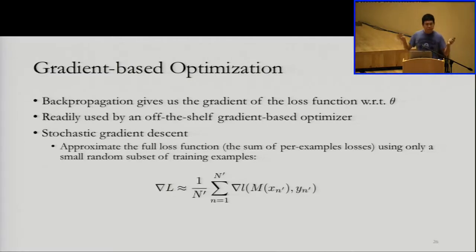Once you have that, you just use the off-the-shelf gradient-based optimizers, except that it turned out not to be that trivial because our datasets are often really large. We have, let's say, millions or billions of data points. And as we talked about earlier, it's a decomposable loss, meaning that we need to compute the loss for every single example in order to get the single loss function.